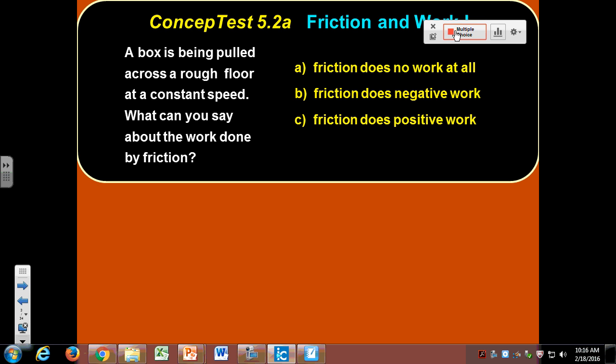A box is being pulled across a rough floor at a constant speed. What can you say about the work that's being done by friction? Does friction do no work at all? Does it do negative work, or does it do positive work? I'll stop at 30 seconds.